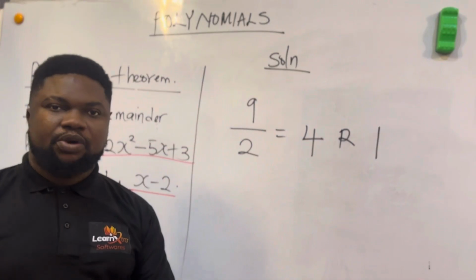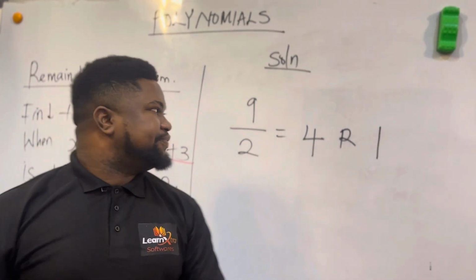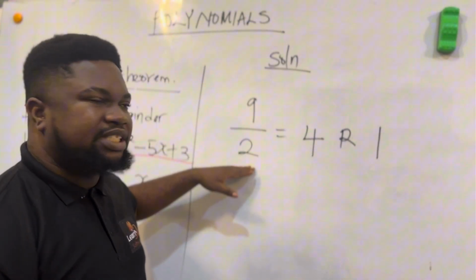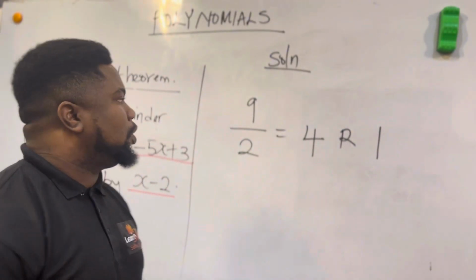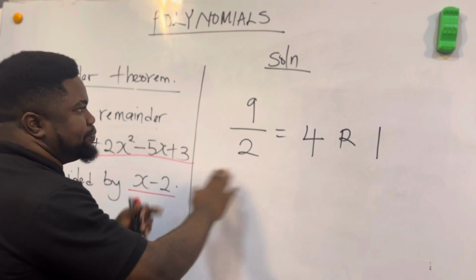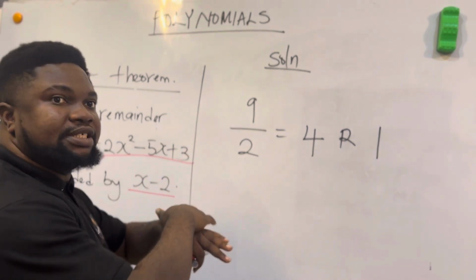If you know maths very well, you know that 9 by 2 is 4 remainder 1. So this is simple. It's very elementary.